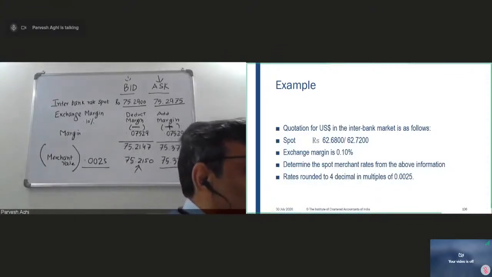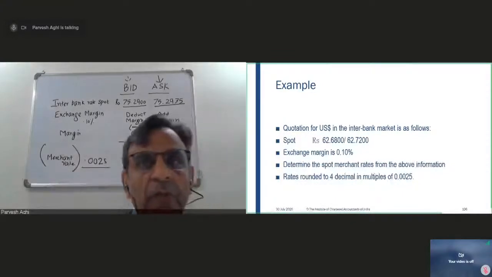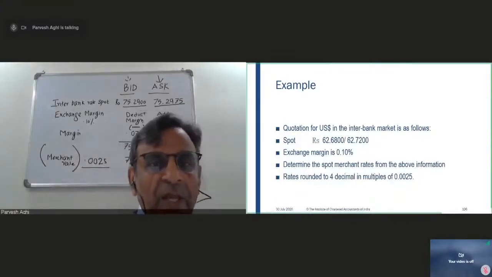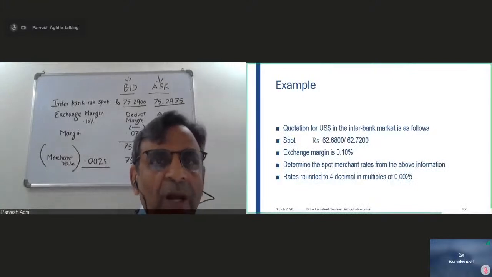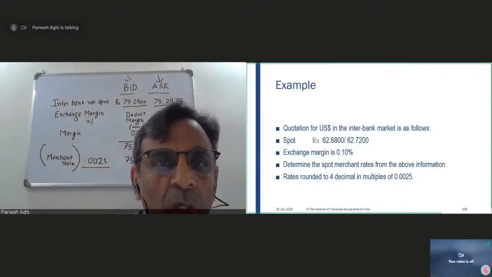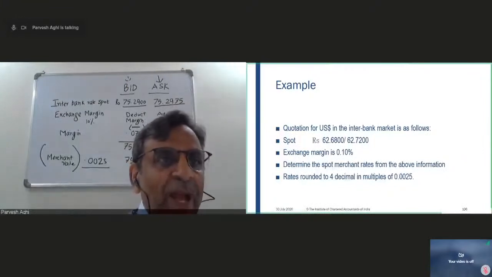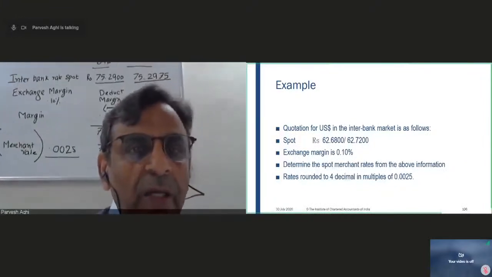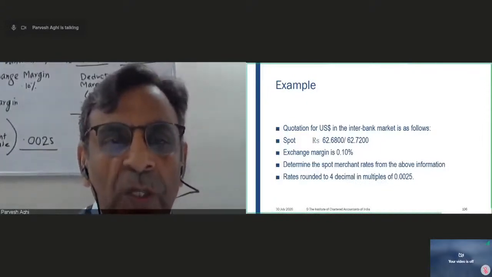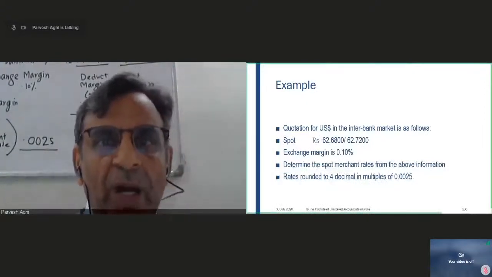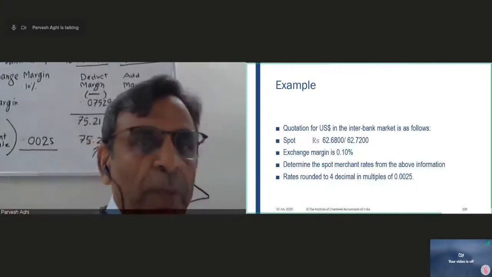Okay, of course it's the market-driven rates, the demand and supply of the currencies, the dollar, the euro. Demand and supply plays a very important role. And in the interbank markets, these banks are trading among themselves, and they are generating a lot of liquidity and volumes based on the underlying demand coming from the corporate world, from the government.